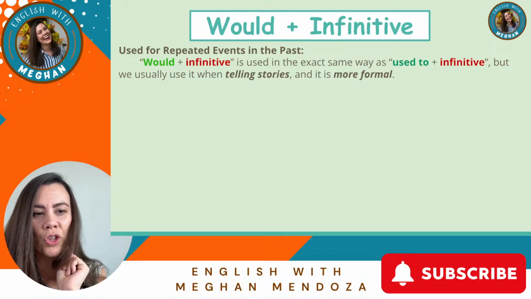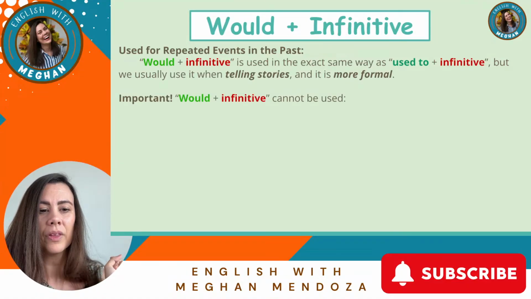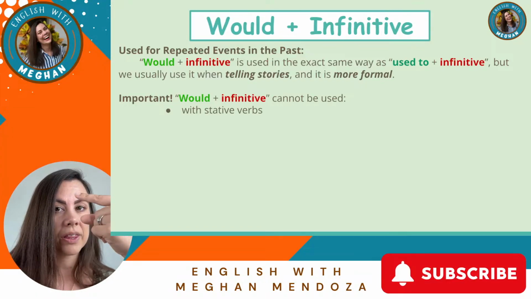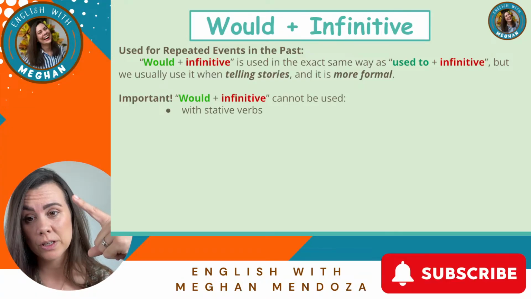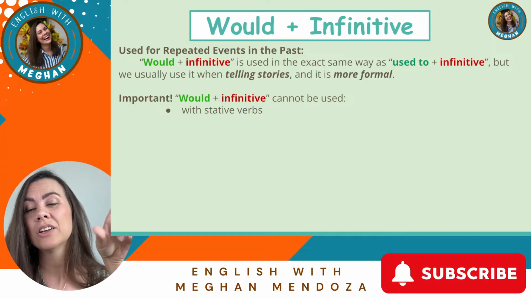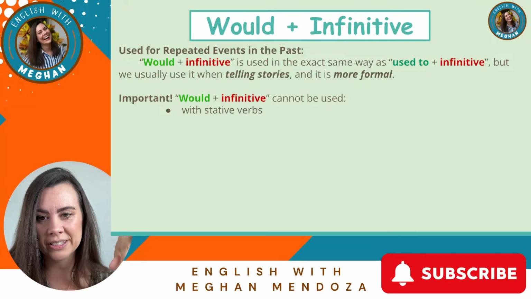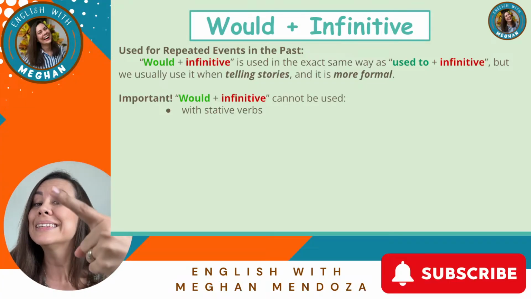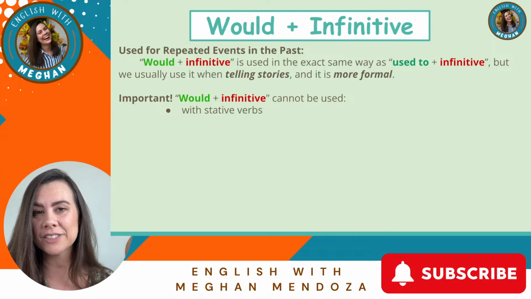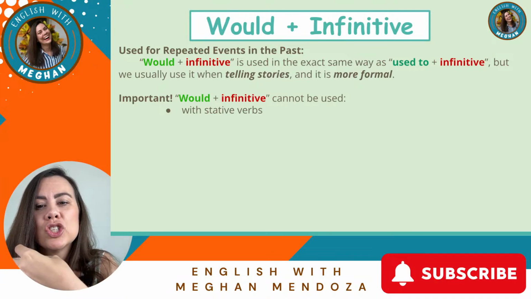You cannot use would with stative verbs. Stative verbs, as I said, describe a state, not an action or a process. They show what someone is, has, feels, thinks, or believes rather than what they actually do.